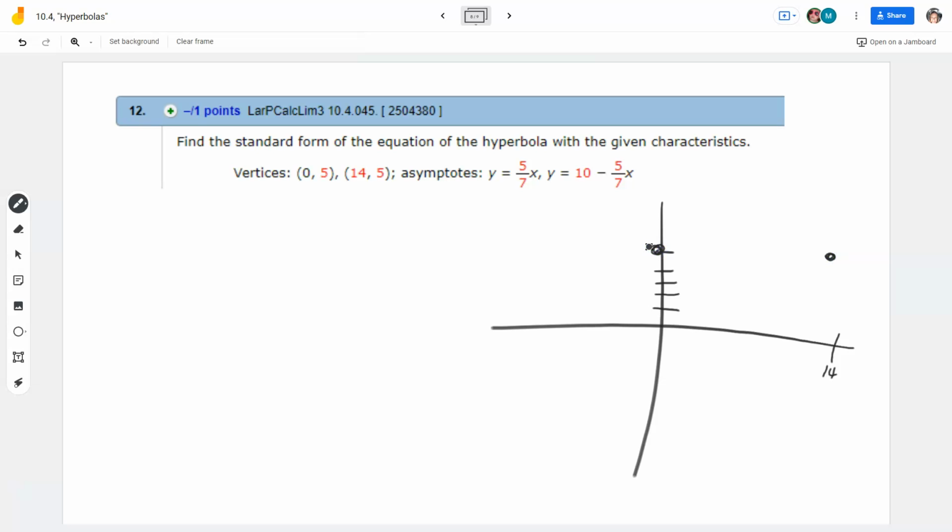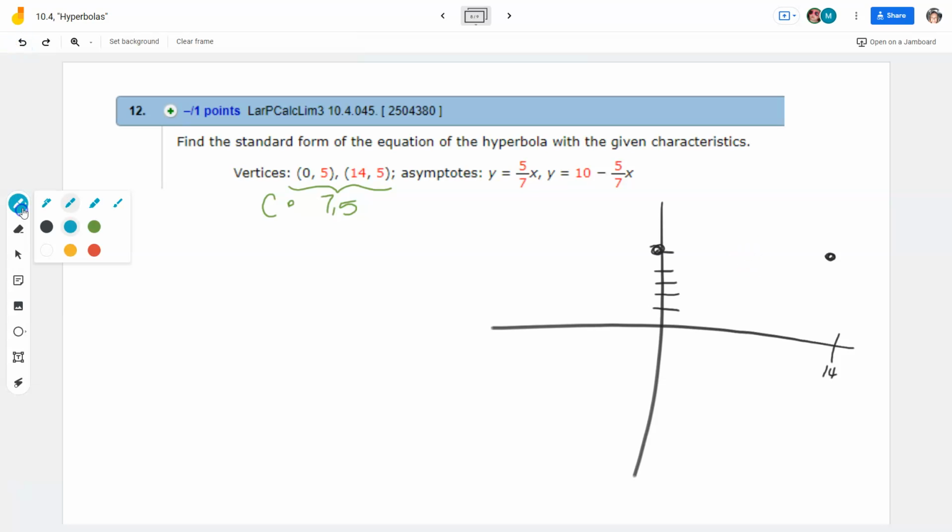Horizontally or vertically oriented? Because they're horizontally apart, my midpoint is going to be my center. And if you need to, you could do the math, but I am going to end up at 7, 5, because that's halfway between 0 and 14. So I have my center. Not only do I have my center, but I also have my what measurement gets you the vertex?